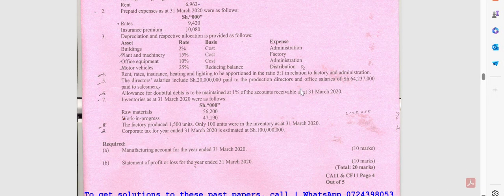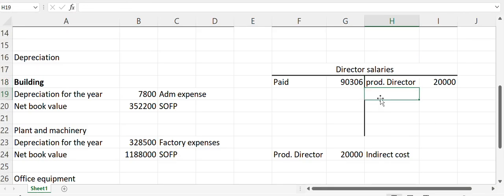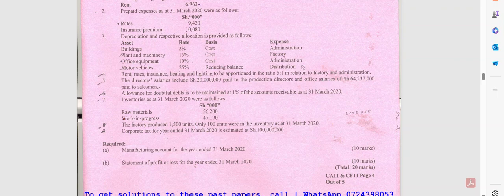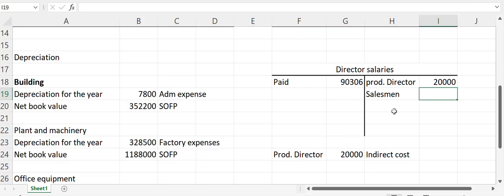And then the other one is office salaries. So office salaries, this one will be under office salaries of 64 to 37 paid to salesman. This will be distribution. So salesman, this is selling and distribution expense. Okay, so the figure here is 64 to 37. 64 to 37.